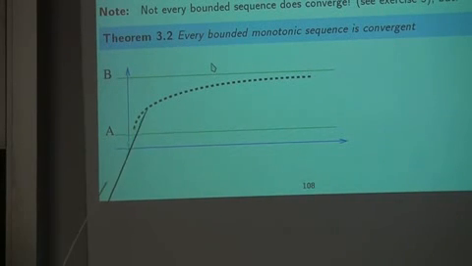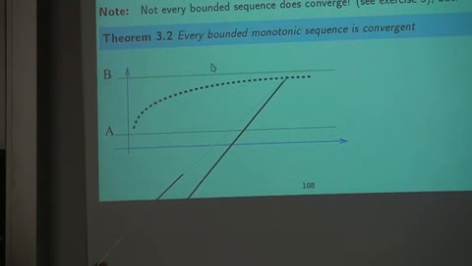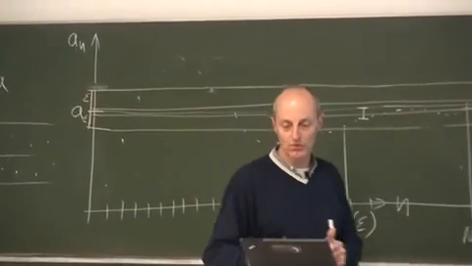Then this sequence either approaches the upper bound if it's monotonically increasing, or it approaches some bound which is smaller than the upper bound. This may happen too. But if it approaches the bound, then of course it's convergent. That's the intuition behind the proof. And it's a nice exercise to write down the formal proof.